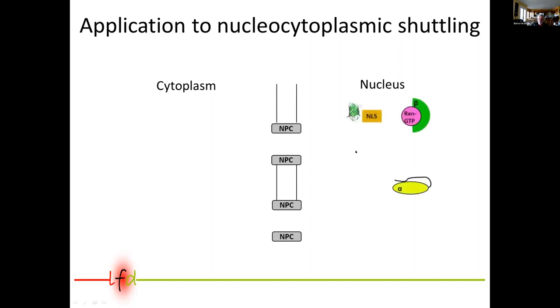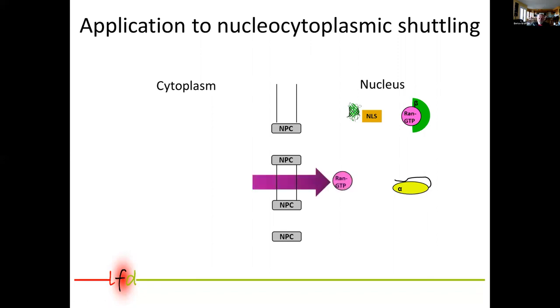So nature works with a protein, which is RAN GTP, which interacts with importin beta and eventually liberates the protein that needs to pass through the nuclear pore complex. Of course, the concentration of RAN GTP has to be regulated because you need energy for this process to occur.